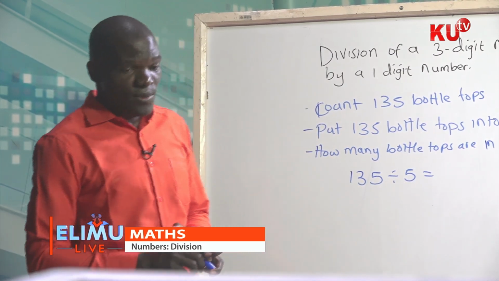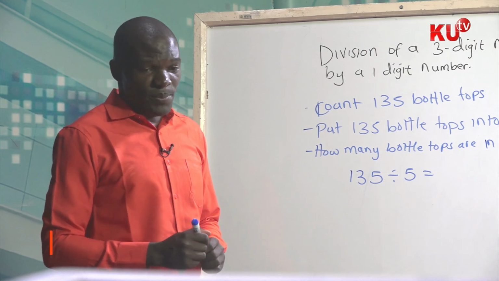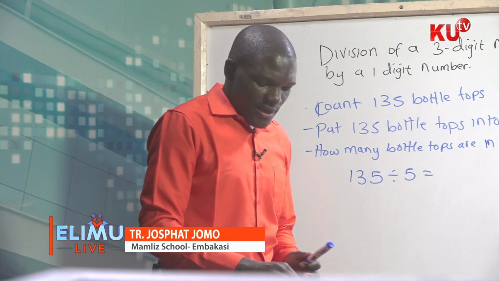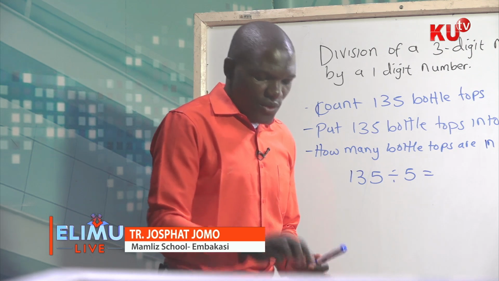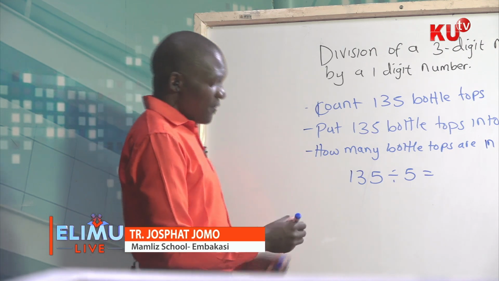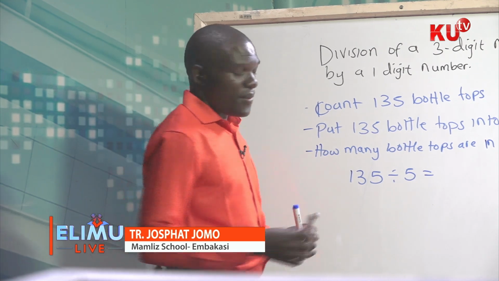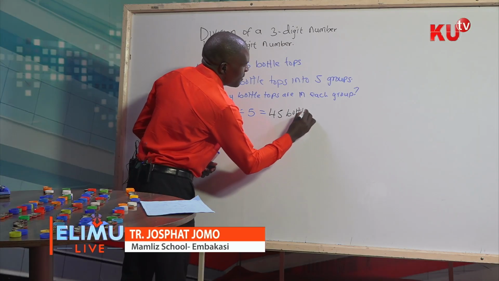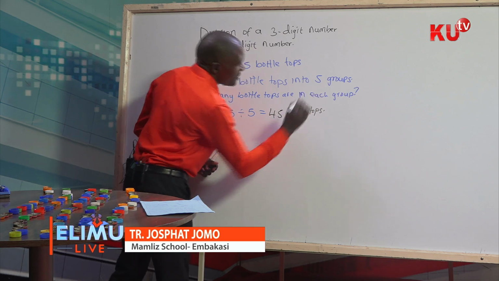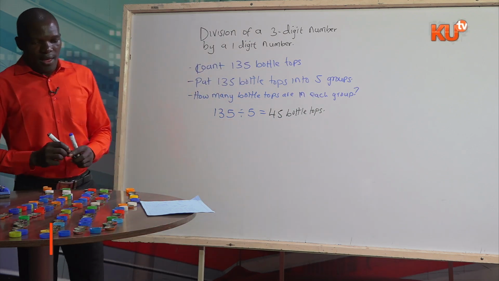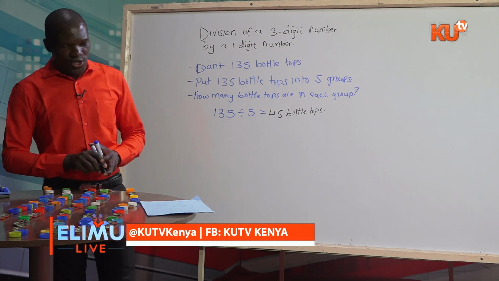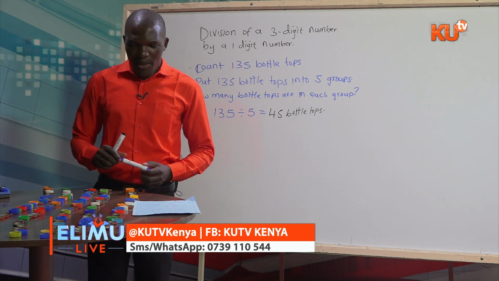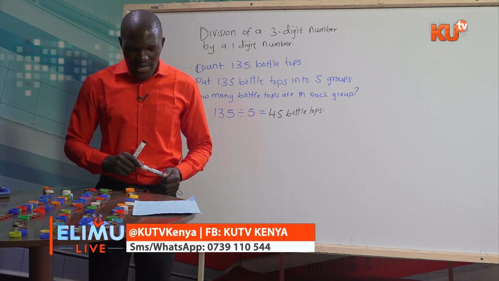And as you count your bottle tops, you will realize that each line has 45 bottle tops. This one is just an introduction to division of a 3-digit number by a 1-digit number without a remainder.